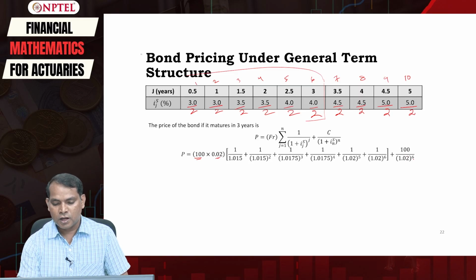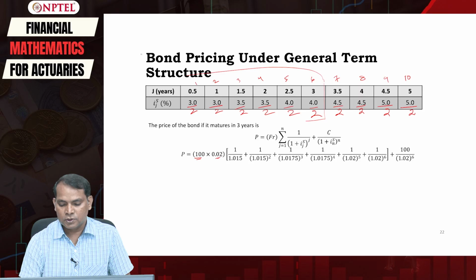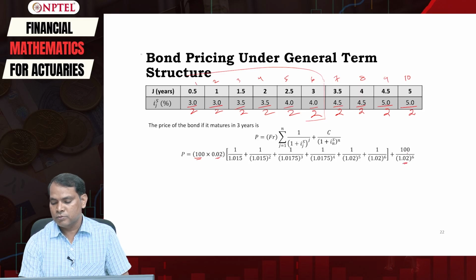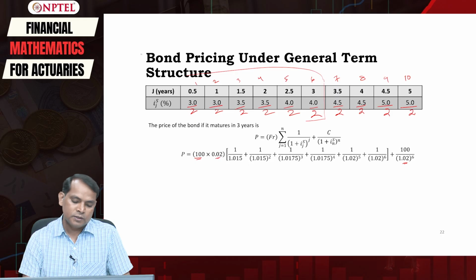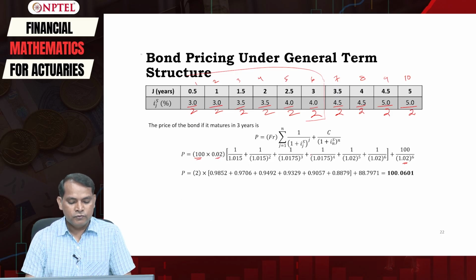We are computing with 4% divided by 2, which is 2%, and we have used it for this part of the value. Upon computing, we will compute one by one and then get the value.